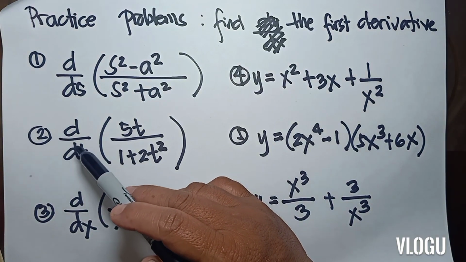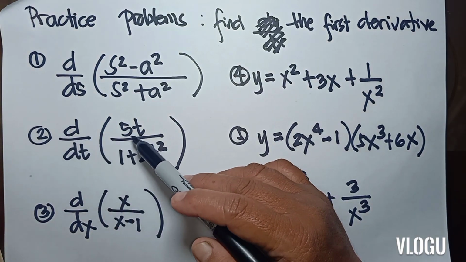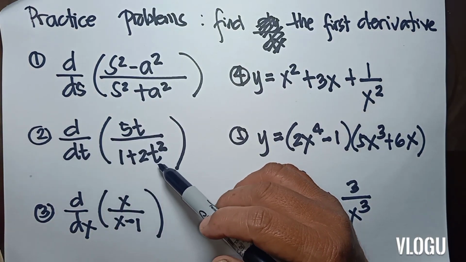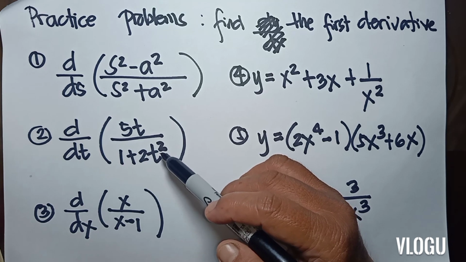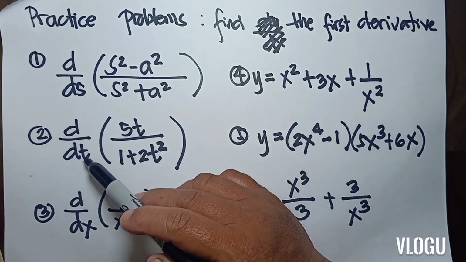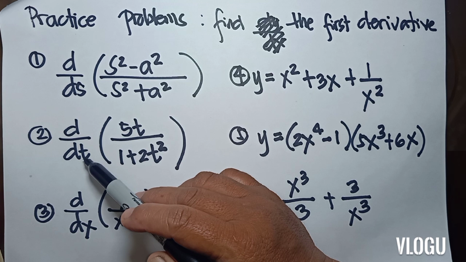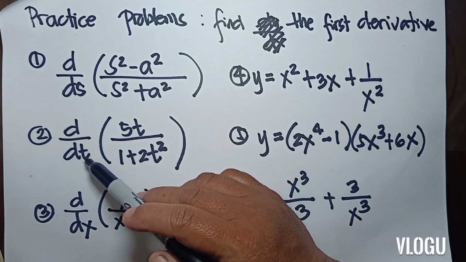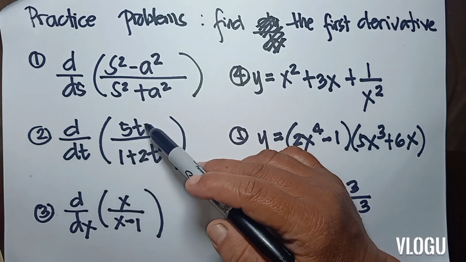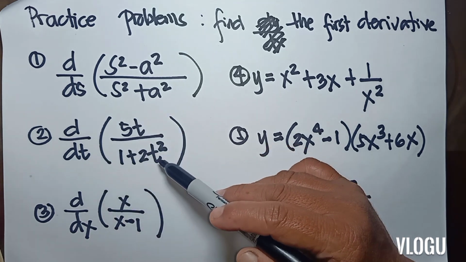For number 2, that is d/dt of 5t over 1 plus 2t squared. Here, the denominator denotes that the variable of the given equation is t. So therefore, t here is a variable.